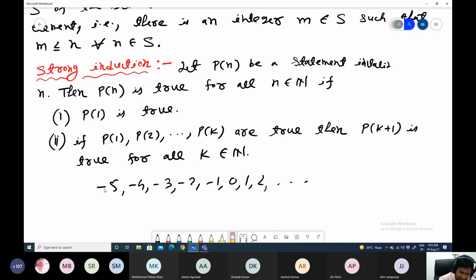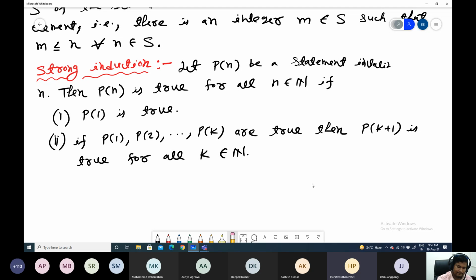Sir, if my P of n is like, n is greater than n square minus 9. So sir, here P of 1 is true, P of 2 is true, P of 3 is also true, but P of 4 is false.